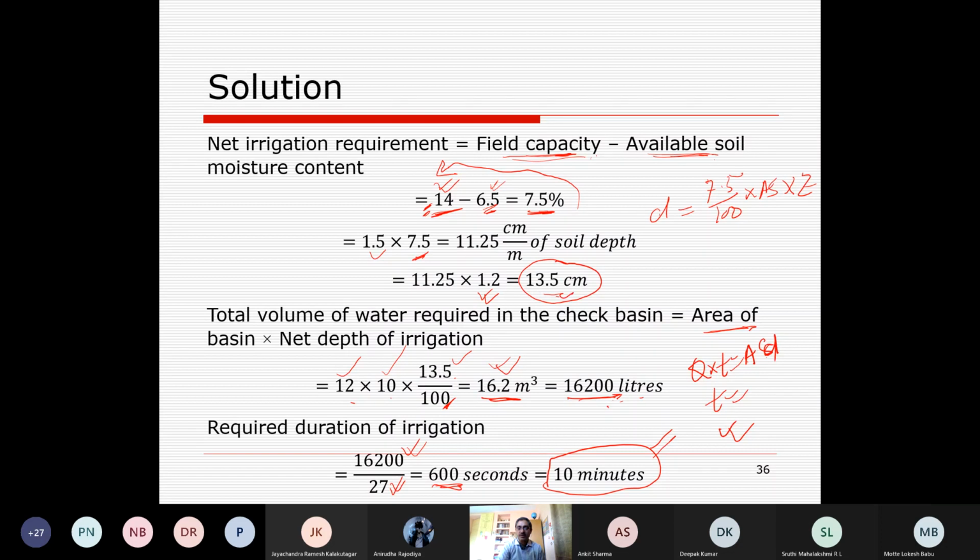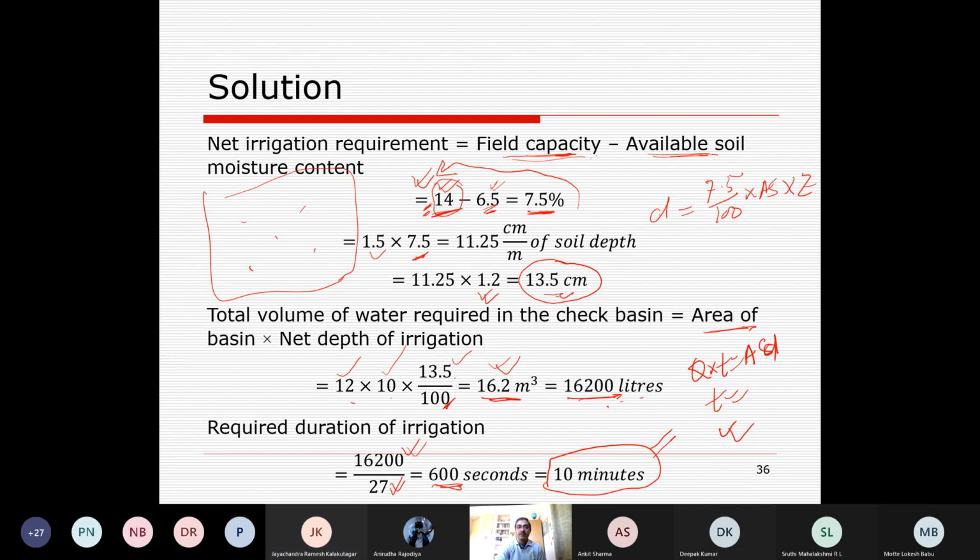We need to check whether everywhere this is the amount of water, soil moisture it has reached. Soil moisture, field capacity. We need to have a few samples there. Suppose in this field we have taken 5 samples to find out the average soil moisture content. That's why, if you recall, I gave you different efficiency, field application efficiency.